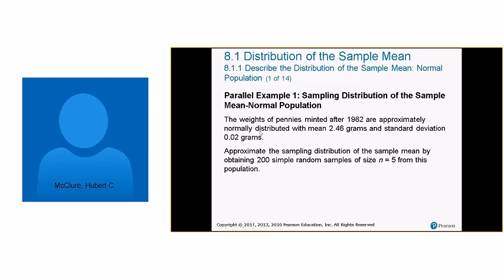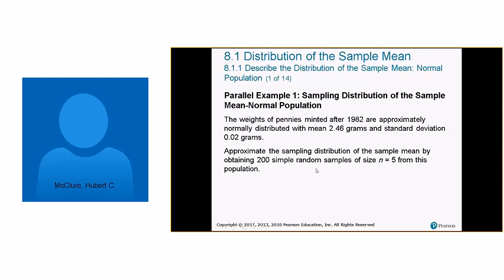This is a population mean and standard deviation. So you'd put population beside this because it says the weights of pennies minted after 1982. There's not 200 or 300. It says the weights of all pennies after 1982 are approximately normal. Approximate the sampling distribution of the sample mean by obtaining 200 pennies and picking sample sizes of 5 from this population. That's what it's saying, and I'm not going to do all that.